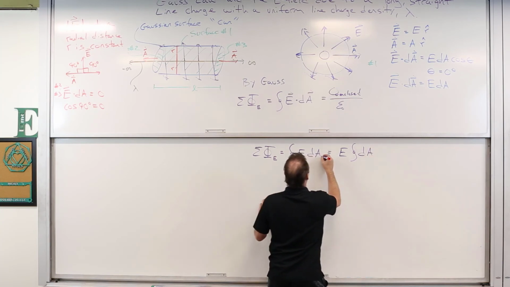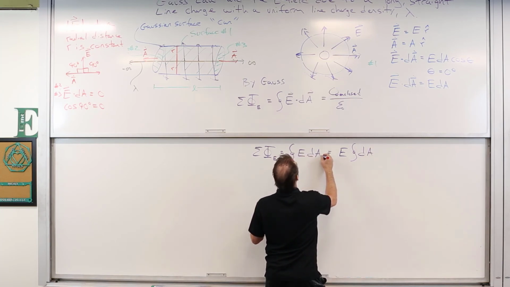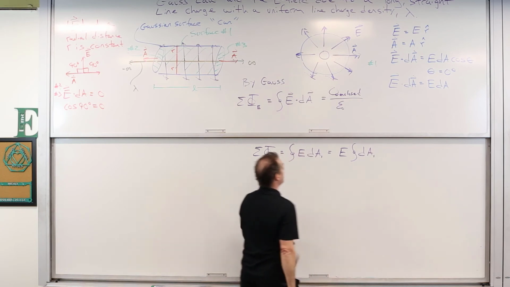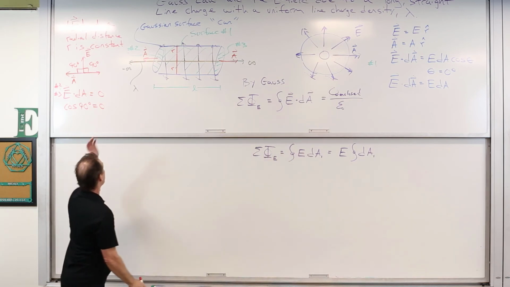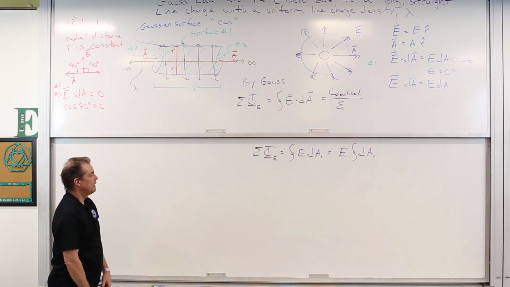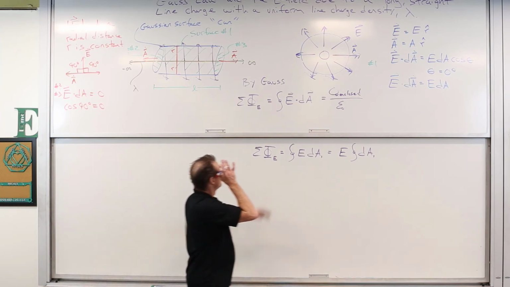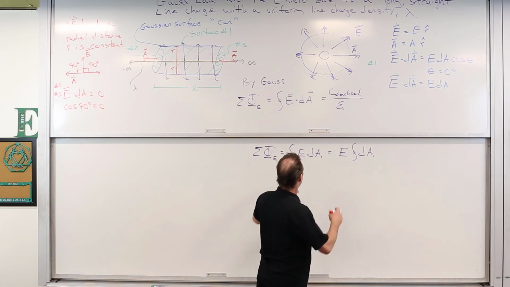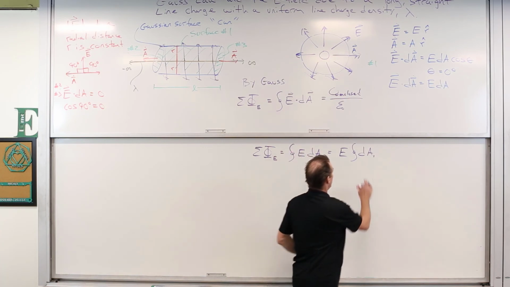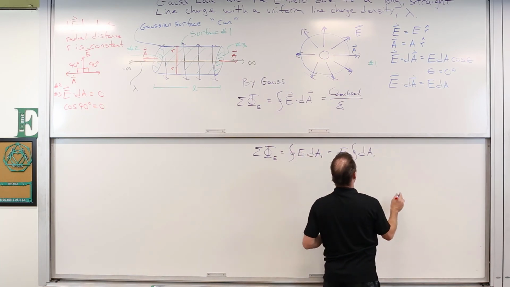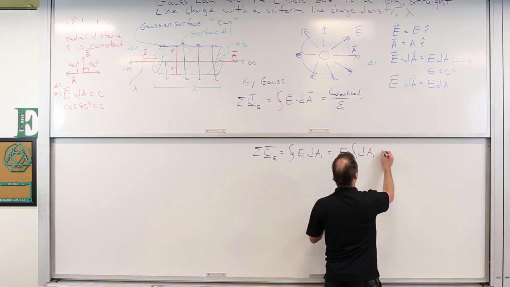Let me be a little bit more specific here: dA1. Why 1? Because we've got a dA2 and a dA3 that are those end caps that have no contribution whatsoever. So this resolves down into this. This is the only surface that we need to consider. And what have we got with that?